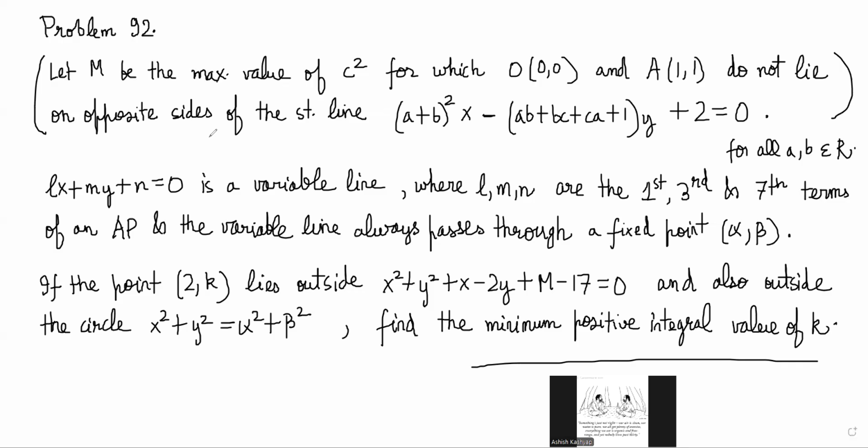The second part is about a variable line where the coefficients l, m, n are first, third, and seventh terms of an AP, and the variable line always passes through a fixed point. So this is a concept of family of lines. We have to find that fixed point, only then we'll get alpha comma beta. And the third part of the problem uses that alpha beta value and the fact that the point lies outside the two circles to find the possible values of k.